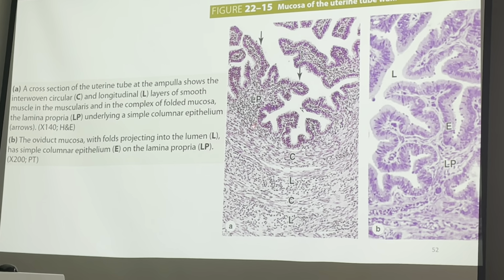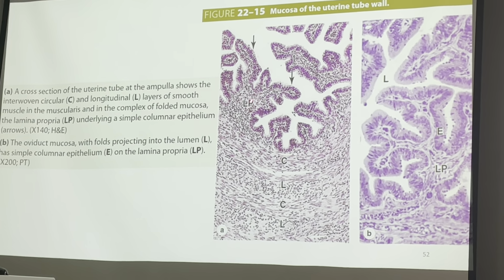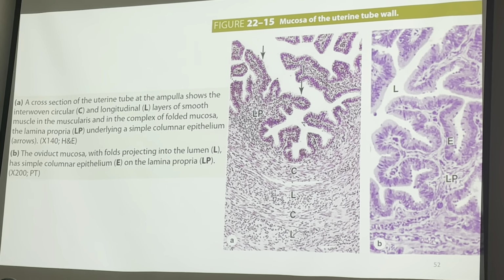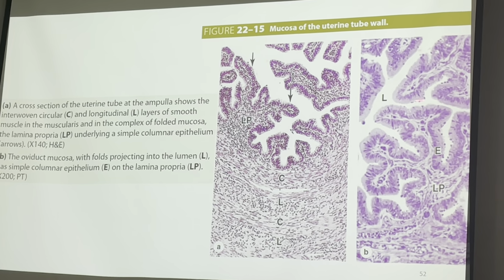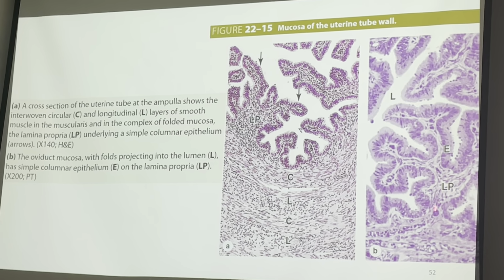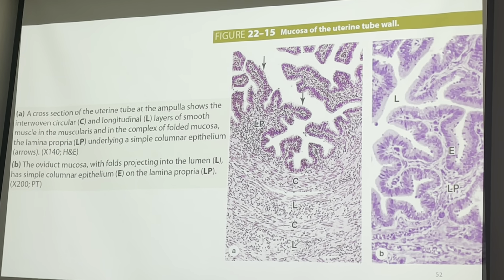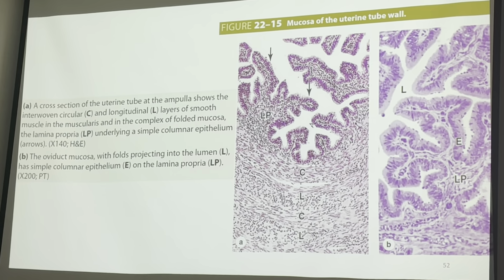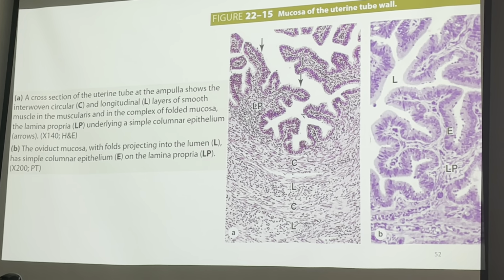But from this part to this part, you can see no muscle fibers, only the lamina propria and epithelial tissue. Again, here you can see these foldings. This part is the stem side. Here you can see another segment, and this part is the end segment of this folding.